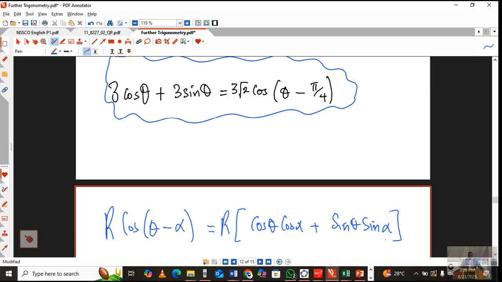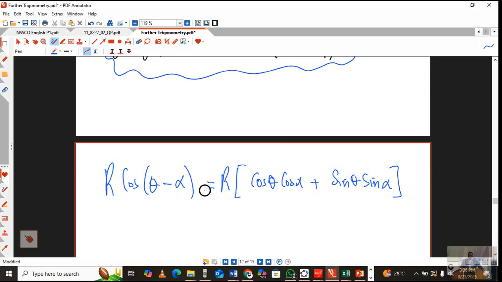Now before I distribute that r, I just want to write cos alpha in front, because cos alpha will be a number and cos theta is just a coefficient. I'm going to do the same here, sine alpha and then sine theta.